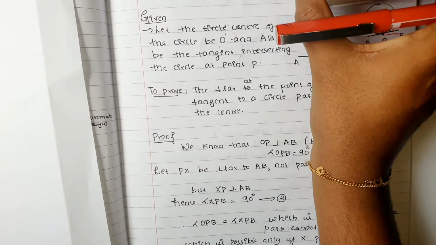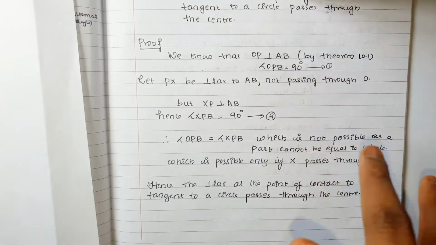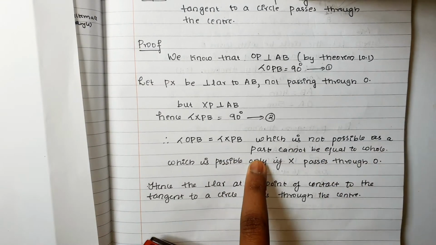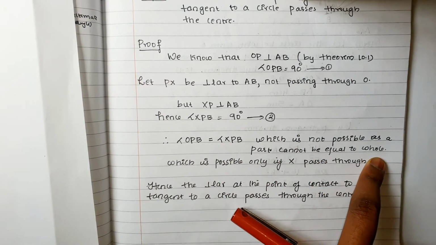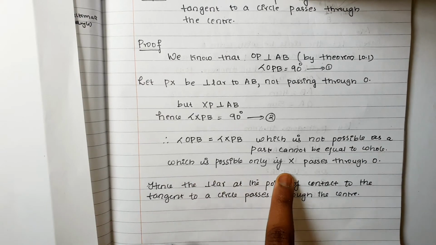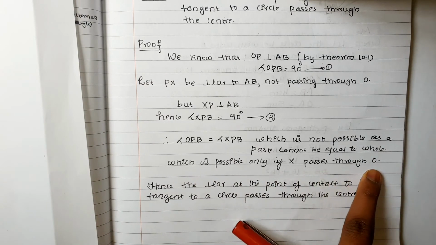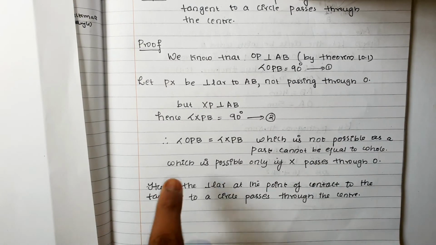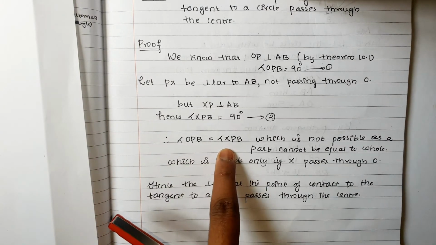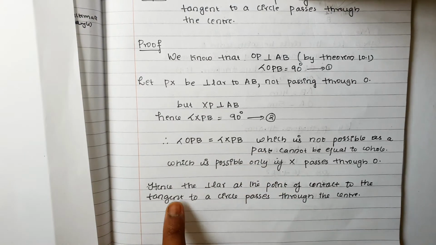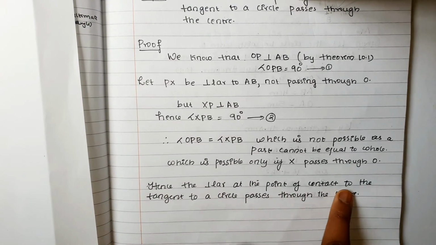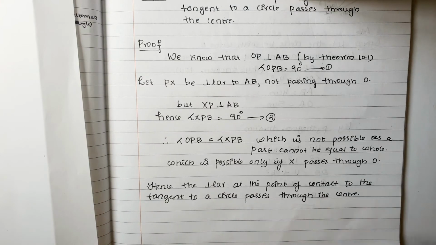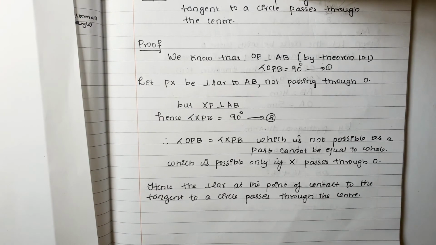Okay, so angle OPB cannot be equal to angle XPB, which is not possible, as a part cannot be equal to a whole, which is possible only if X passes through O. If X is passing through the center O, then only we can say angle OPB is equal to angle XPB. Hence, the perpendicular at the point of contact to the tangent to a circle passes through the center only.